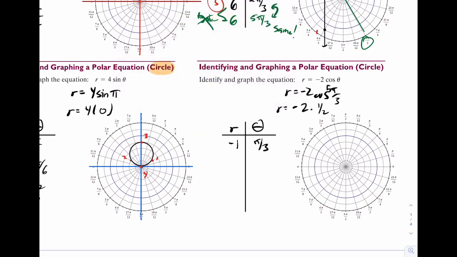Let's plug in 5 pi over 3. And then we're going to get, that'll also be a 1/2, so that would be -1. Let's plug in pi. That'd be -1. So pi would be 2. And then I'm going to plug in pi over 2.